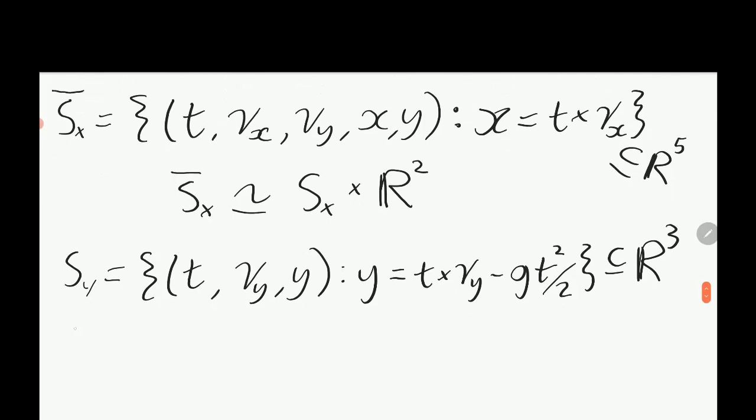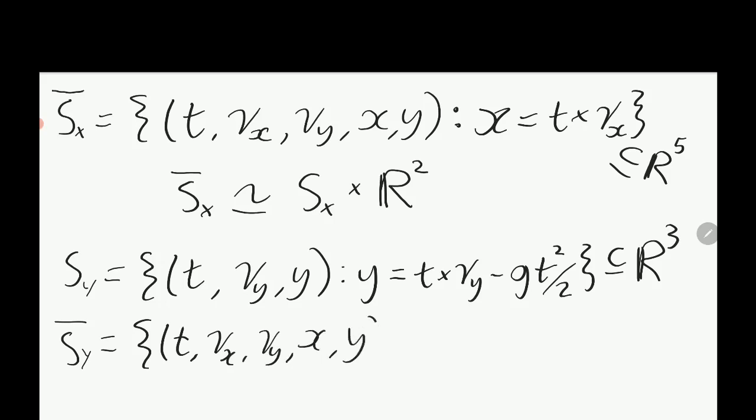So we're going to form a new set that we're going to call Sy bar. And so now we want all of the 5 tuples of t, vx, vy, x, and y, which are just such that this equation we've just written holds.